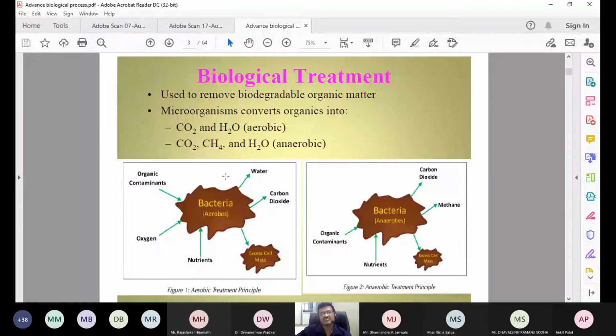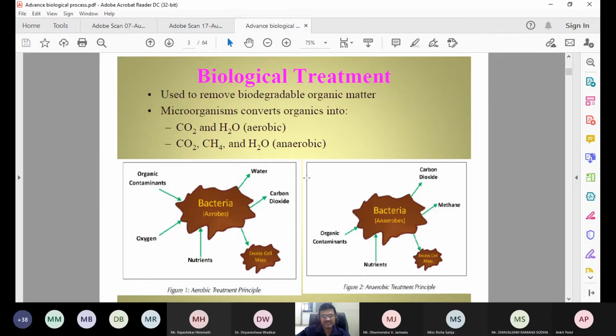So what will happen to the dissolved oxygen in the river? From 8 milligram per liter, it will decrease. From 8 it will be 7, then 6, then 5, 4, 3.